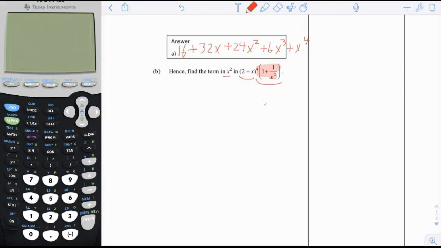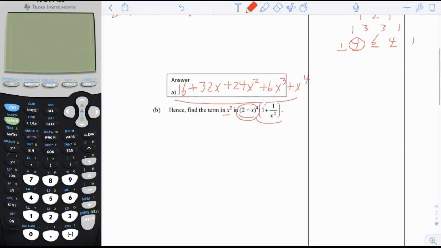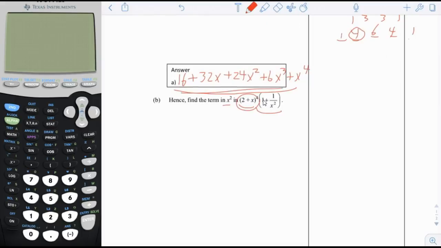The reason this is a little bit tricky is that we're going to have to look at a couple of different terms in this expansion. Do you see how they already asked you to expand that? We have the expansion right there. Now we need to figure out what part of this big expansion is going to be multiplied by this to find the x squared terms.